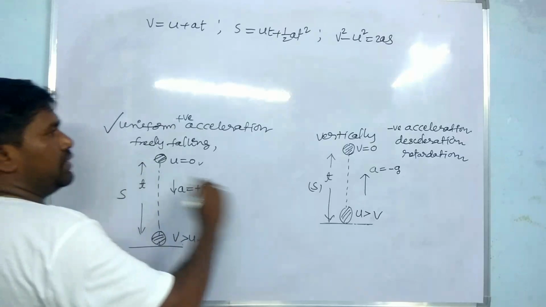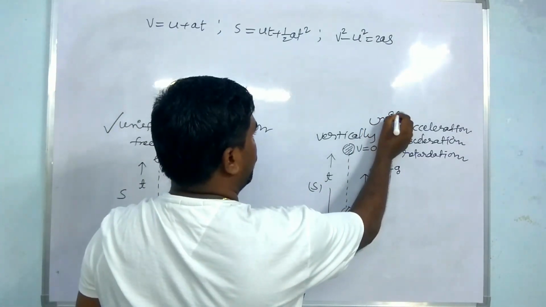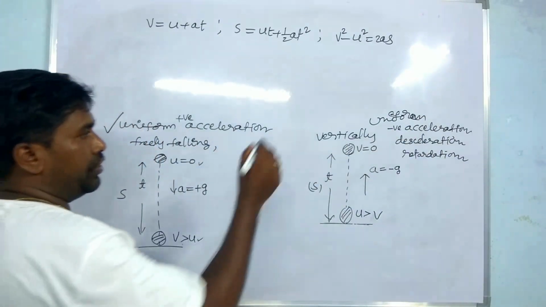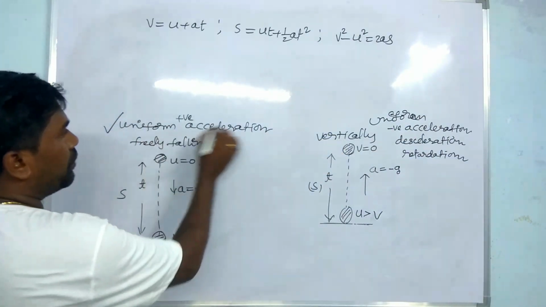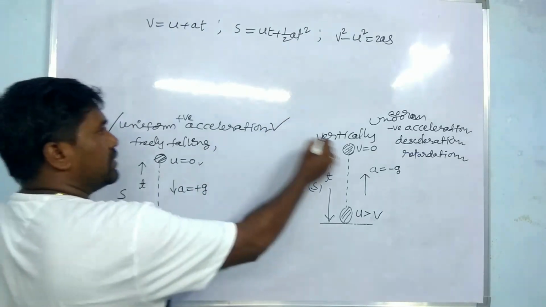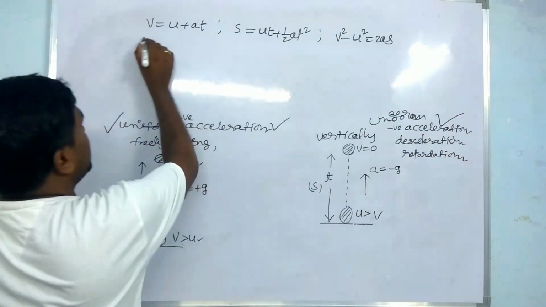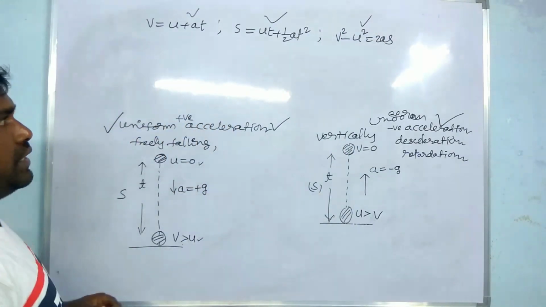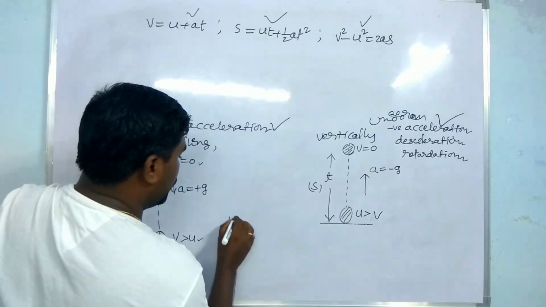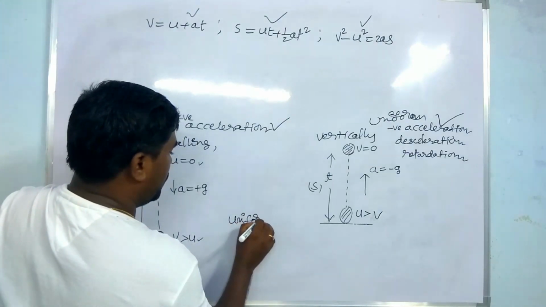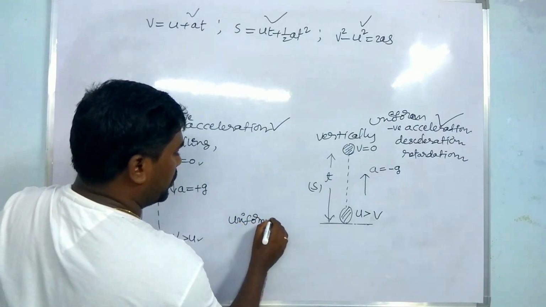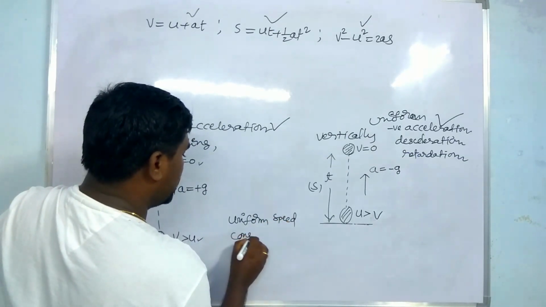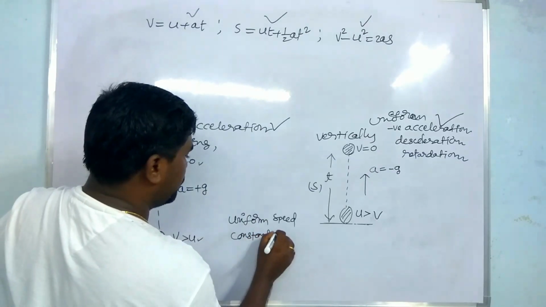In these two cases, uniform negative acceleration or uniform deceleration or uniform retardation, or uniform acceleration, we have to use these three equations. One more case is if the particle is moving with uniform speed or uniform velocity or constant speed or constant velocity.